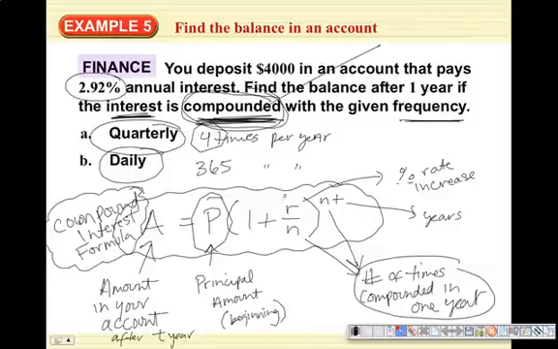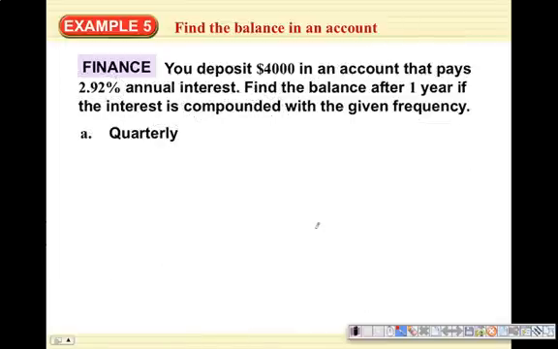All we have to do right now is plug in all the numbers, and this is it. Example 5 will be done. So here we go. Let me start over. Quarterly. So let me write this down. A equals P(1 plus R over N) to the NT power.